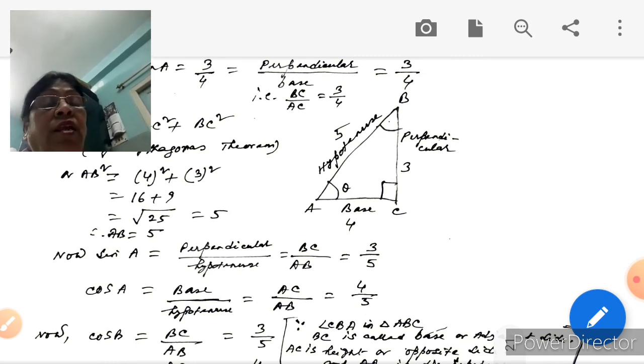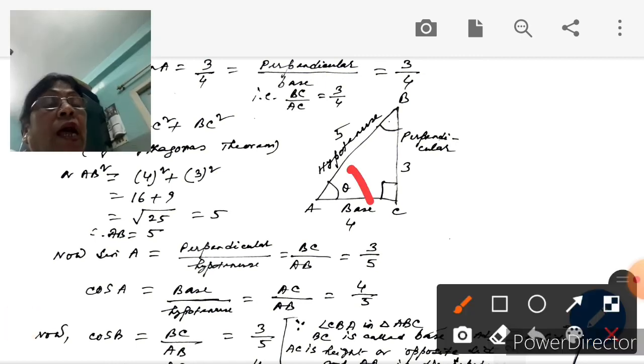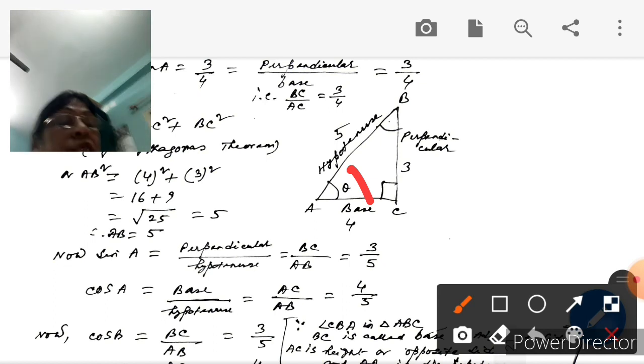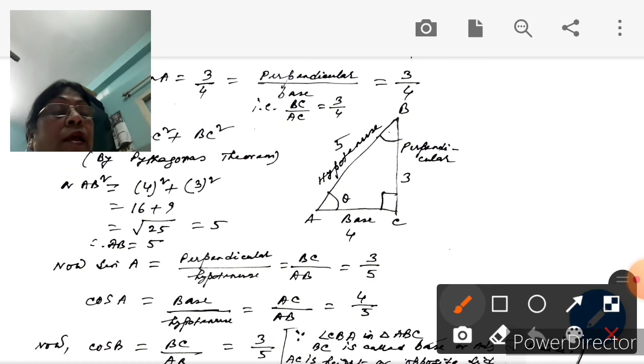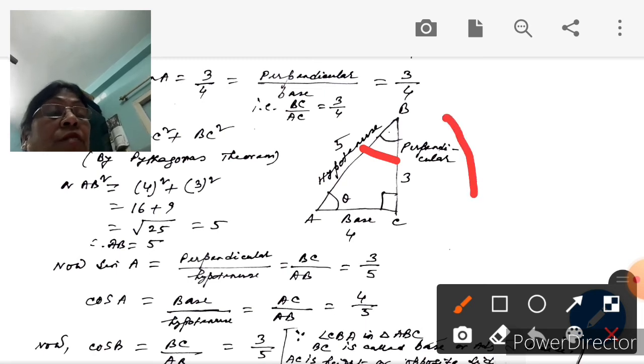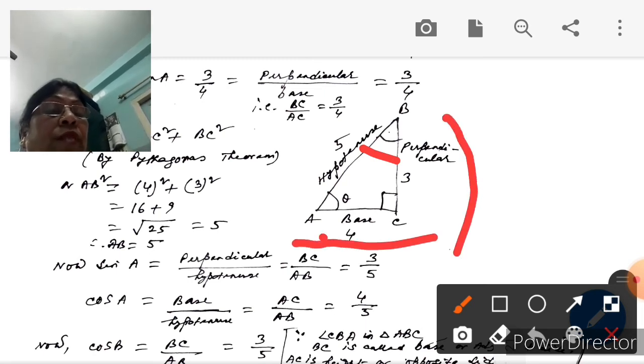When you consider the angle theta, then perpendicular will be BC and base will be AC, and when you consider acute angle B, then BC will be the base and AC will be the perpendicular. Keep this basic point in your mind, then you won't be confused, never.